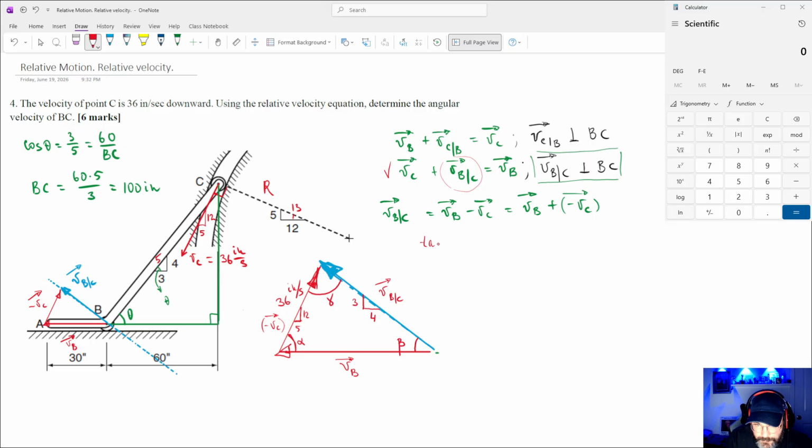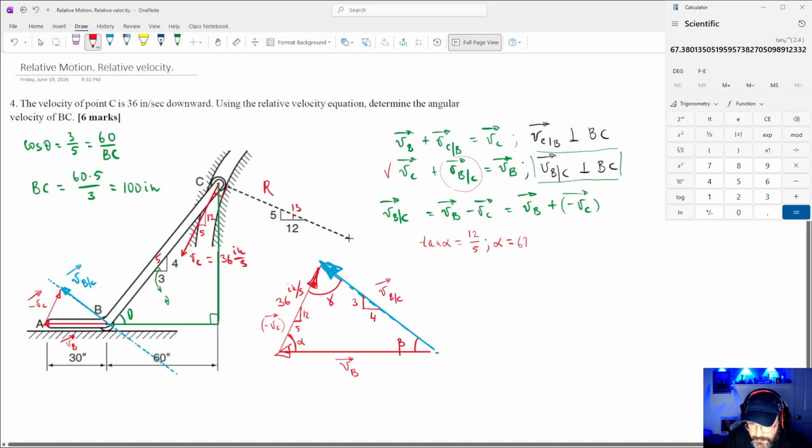Okay, let's see. So tangent alpha is equal to 12 over 5. So our angle alpha is equal to, let's see, 12 over 5 and our tangent inverse is 67.4 degrees.